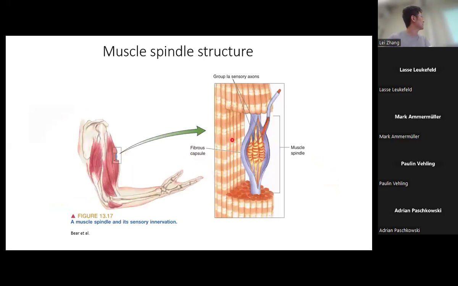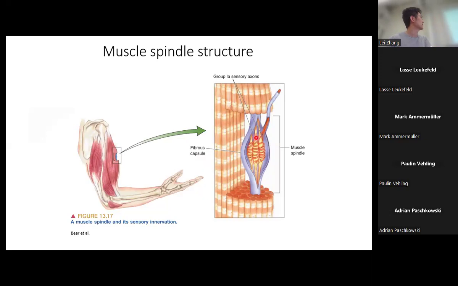If we look inside the muscle, we have muscle fibers that produce force. But if we dig into these muscle fibers, we also see some smaller spindle-like structures. This is called a muscle spindle. What do these do? The muscle spindle is a sensory organ.